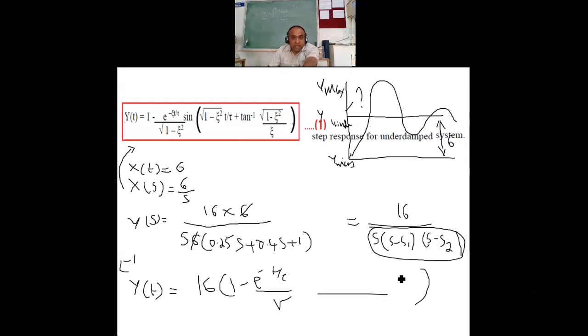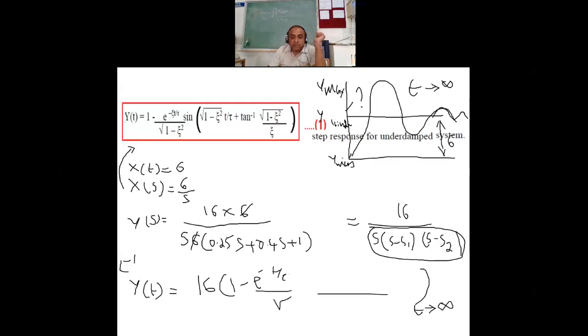And please remember, the ultimate response is the one where the time is infinity. When it starts oscillating like this, finally this value keeps on oscillating, so it attains a steady state at t tending to infinity. So how do you get the final ultimate value?